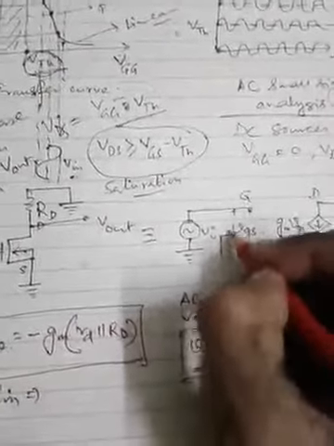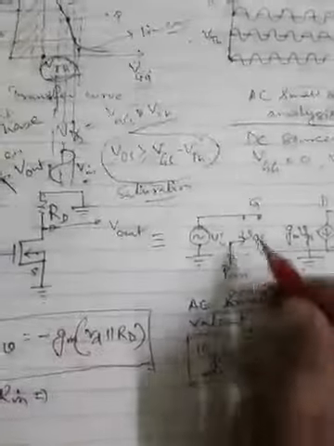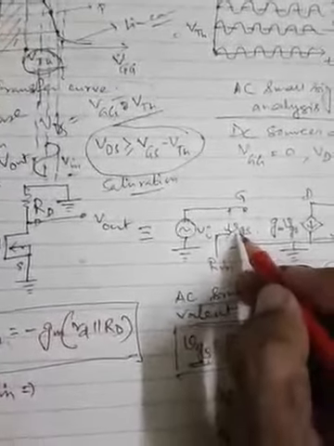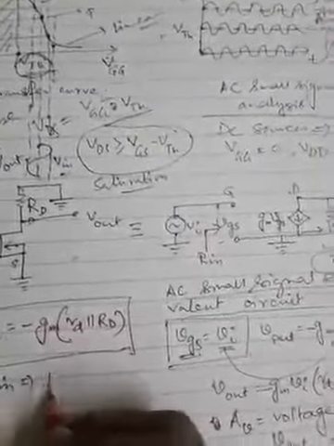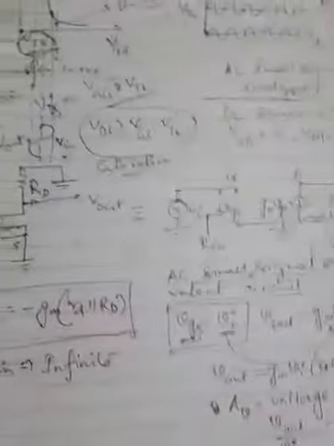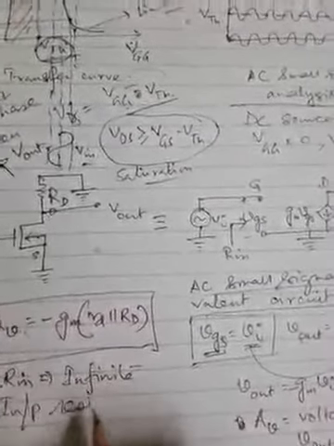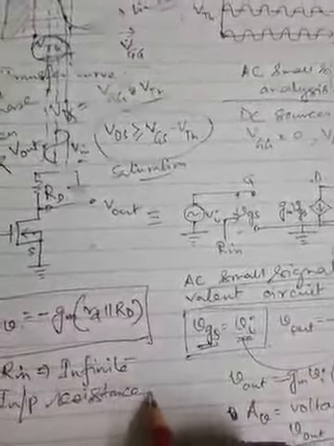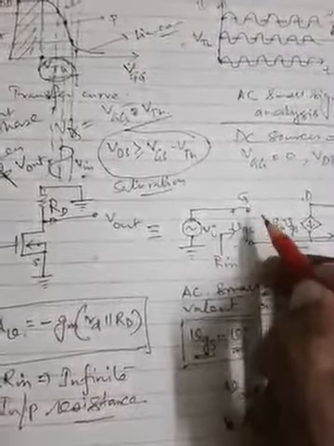If you look from this point, it will be like an open circuit, and open circuit means infinite resistance. So the input resistance Rin for this common source amplifier should be infinite, because of the open circuit between gate and source, because of the representation of the MOS capacitor.